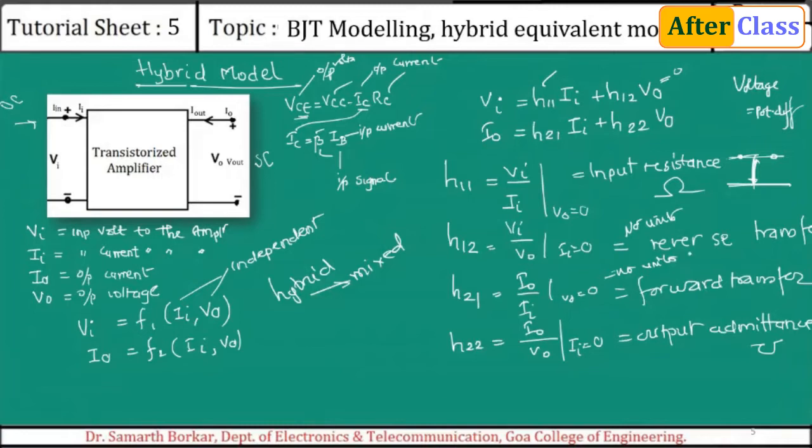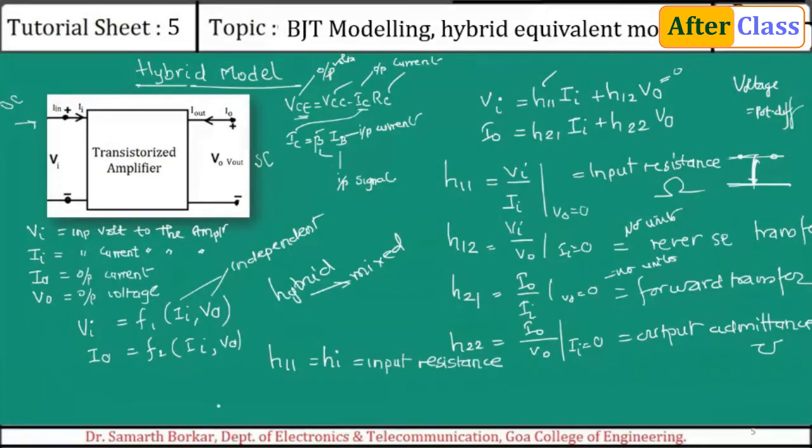So there are different types of units used, and hence they are basically mixed units. Hence it is referred to as hybrid parameters. Okay. So in the class we have mentioned this H11 as Hi. Okay, this is the short form for input resistance.